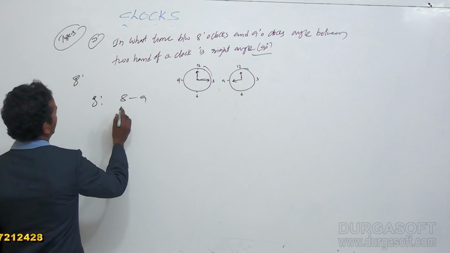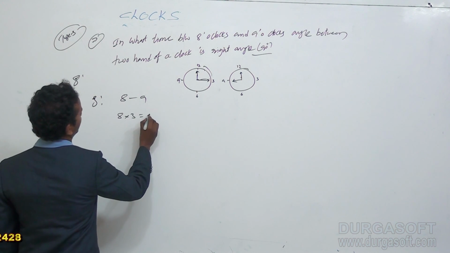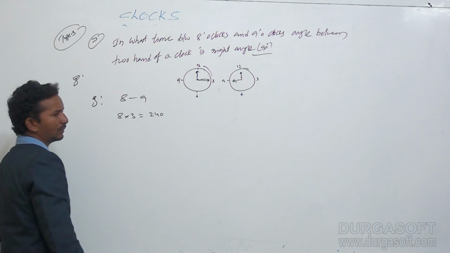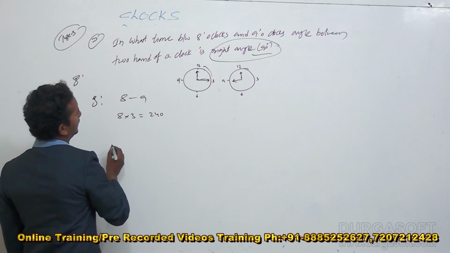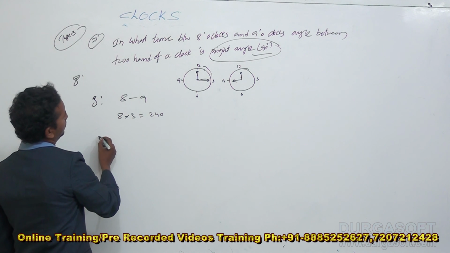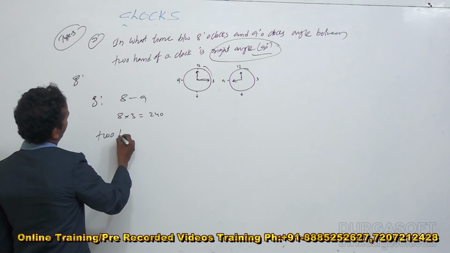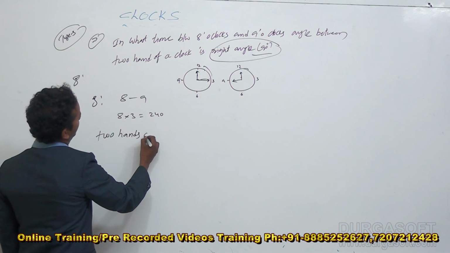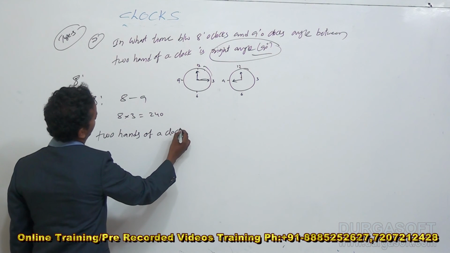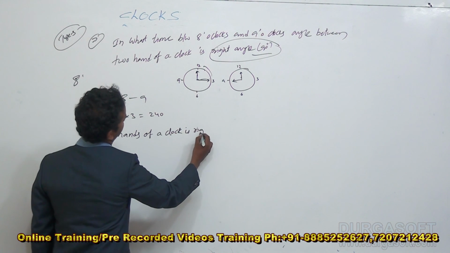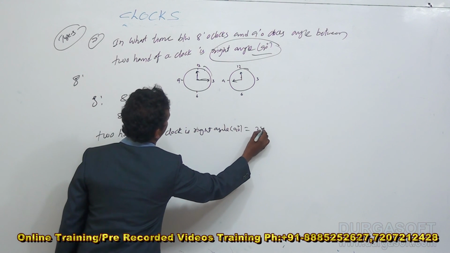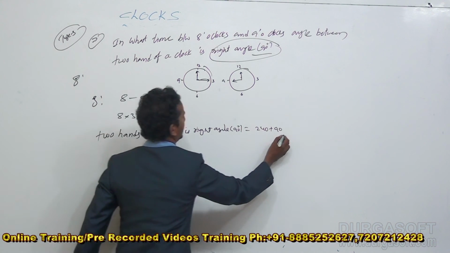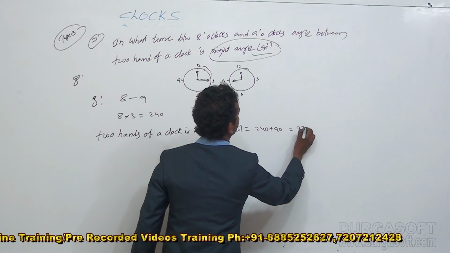8 o'clock is 8 into 30, which is equal to 240. The right angle is given, and for a right angle you add it. When the two hands of a clock make a right angle, 90 degrees, here we add 240 plus 90, which is equal to 330.